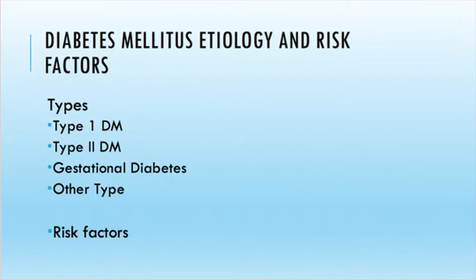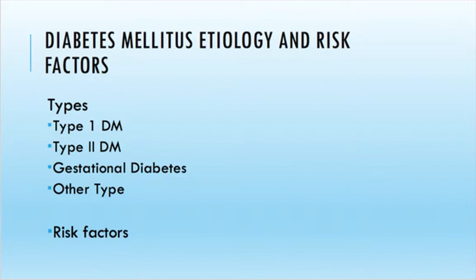So some etiology or risk factors. Again, focusing on type 1 and type 2. So as I mentioned a couple times now, type 1 is from that destruction of the beta cells within the islets of Langerhans. So you have no insulin being produced. So if there's no insulin produced, there's no control in blood glucose levels. There is a genetic link to it, and then they think some environmental factors can trigger the destruction.